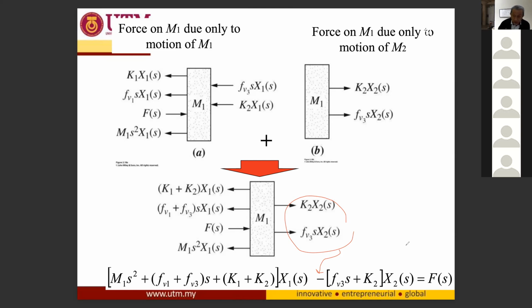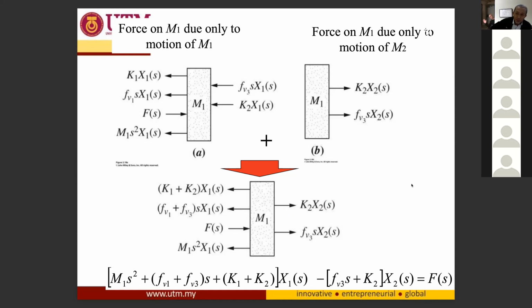Zakaria, yes. I have a question about this diagram, M1. As you can see, we have two masses, M1 and M2, and two displacements, X1 and X2, but we still have one force, F(s).